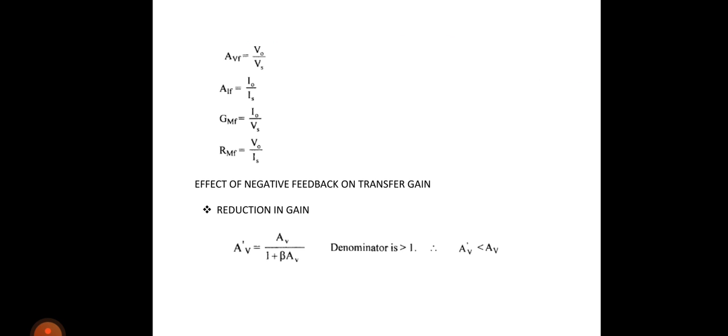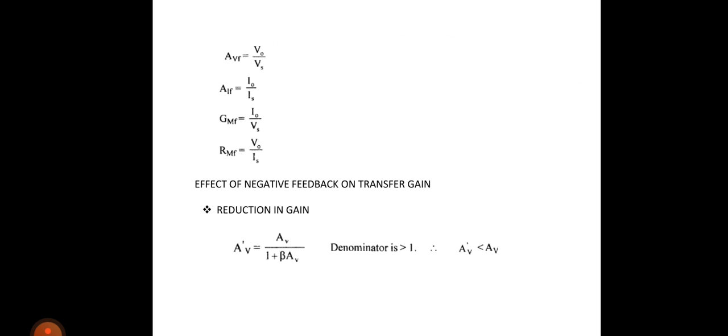We know that the transfer gain of the amplifier is not constant as it depends on factors such as operating point, temperature, etc. This lack of stability in amplifiers can be reduced by introducing negative feedback. We know that the gain with negative feedback AF equals A divided by 1 plus A beta.